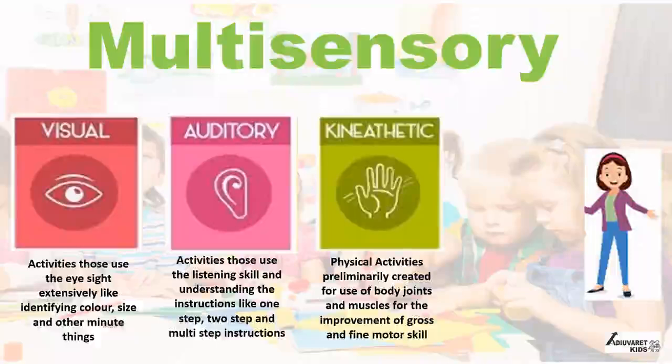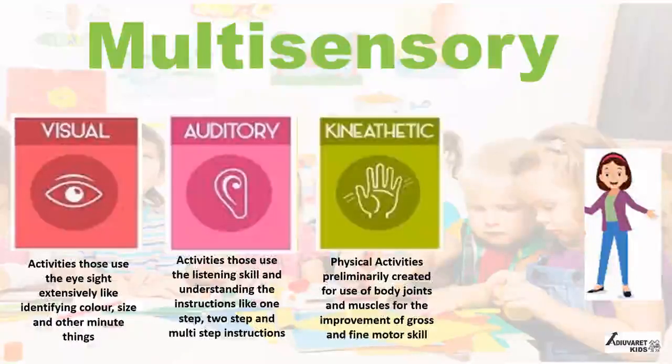The third component of the multi-sensory learning technique is the kinesthetic. And here it talks about the physical activities basically. So when the child is using hands and legs and other muscles and joints for various physical activities, then the gross and fine motor skills of the child get polished and improved.